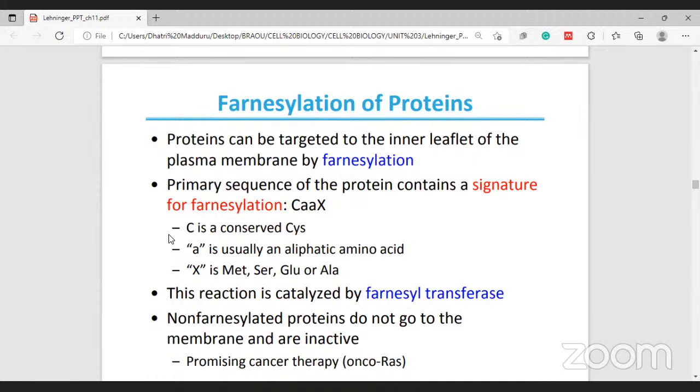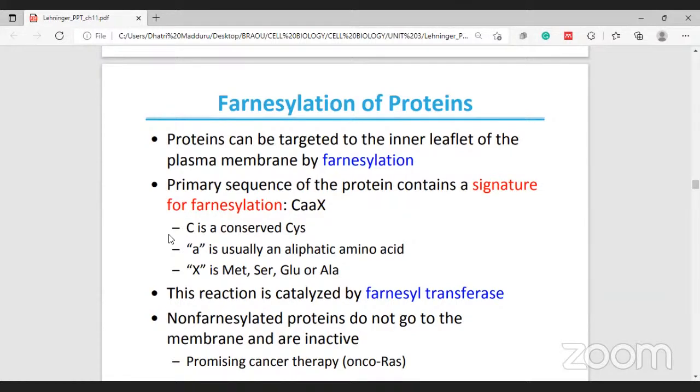That means the targeting of a protein to the inner leaflet is farnesylation. When the proteins are synthesized and packed by the Golgi complex and all, then they will decide where this protein has to go. If there is a CAAX group in this protein, then that will decide that okay, this has to go to the inner leaflet of the plasma membrane, right? So here you have an enzyme which will take this protein and keep it in the inner leaflet of the membrane. So that is farnesyl transferase.